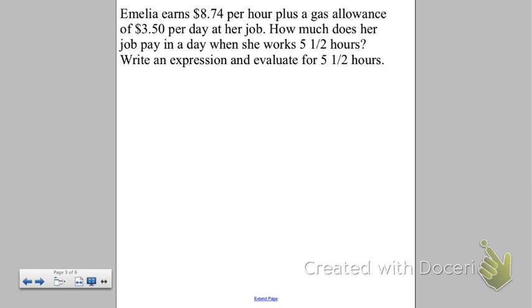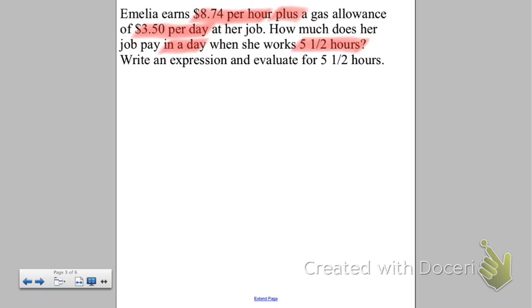Take a second to copy down the question. So I'm going to start by highlighting my key information. $8.74 per hour plus $3.50 per day. How much does her job pay her in one day for 5 1/2 hours?